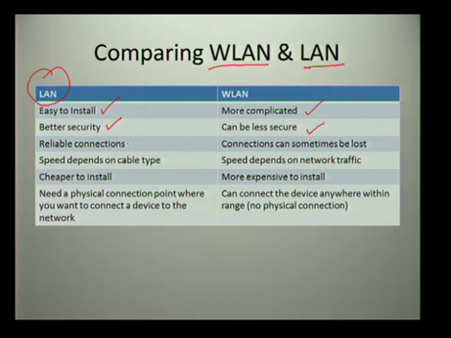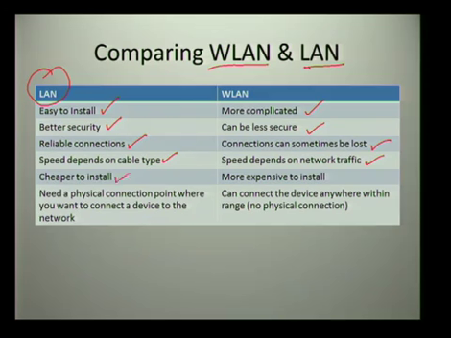The connections on a LAN are more reliable, whereas when you are working with a wireless LAN, sometimes the connections can be lost. The speed in a LAN depends on the cable, and your speed in your wireless network depends on how much traffic there is in the network. In other words, how many people are on the network at the same time.